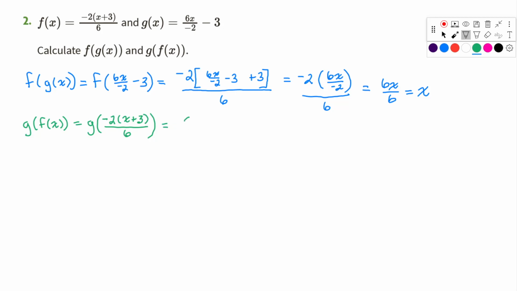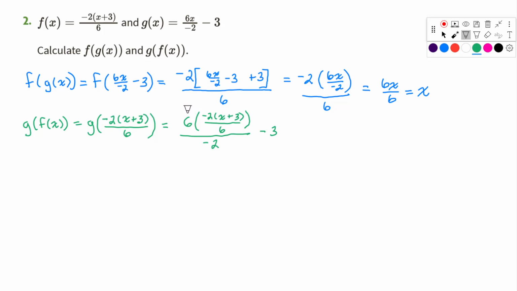So that means we're going to have 6, and in parentheses, negative 2 times x plus 3 all over 6, all of that over negative 2 with a subtract 3.